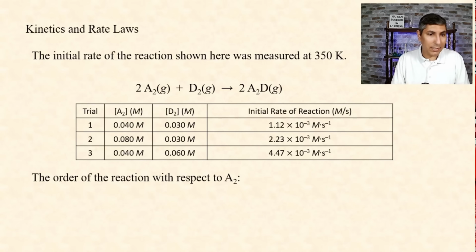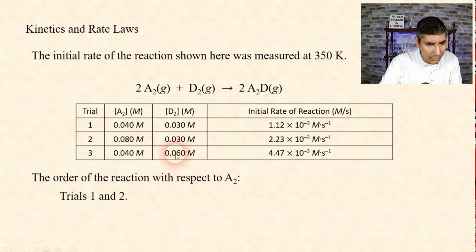So in this case, let's determine the order of the reaction with respect to the A2 molecule. The key here is to find 2 trials where A2 is the only reactant that's changing concentration. And so I would recommend trials 1 and 2, because it looks like A2 is doubling from trial 1 to trial 2, whereas D2 is staying the same.